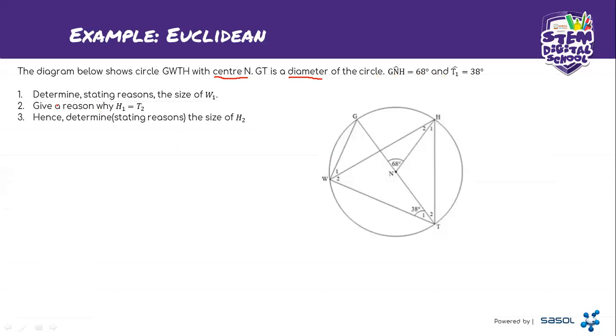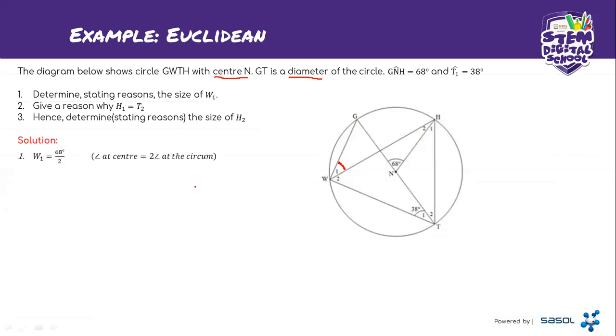Now let's answer the questions. Determine, state with reasons, the size of angle W1, which is this angle. But you can see for that angle to be determined, you have this structure here. You remember theorem 2, angle at center is twice the angle at circumference, and already you've got the angle here which is 68 degrees.